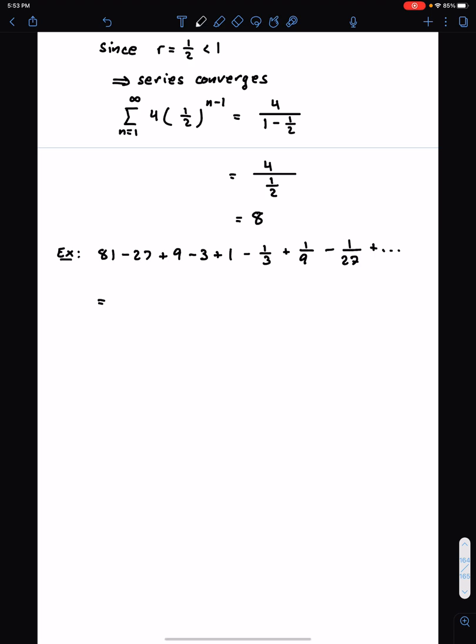So I can rewrite this as the sum as n goes from 1 to infinity of the first term 81 times negative 1/3 to the n minus first power.